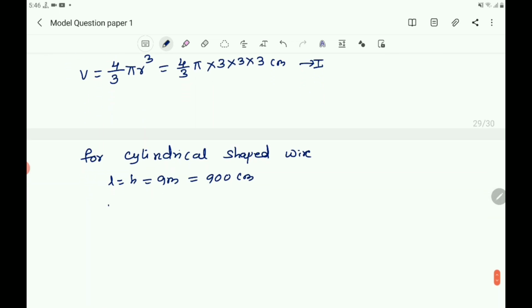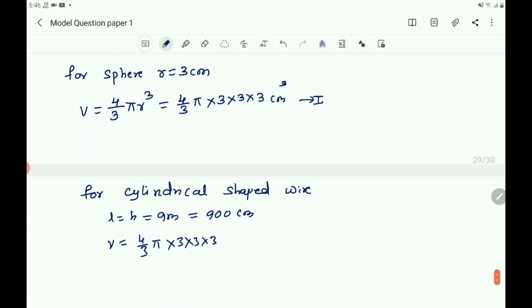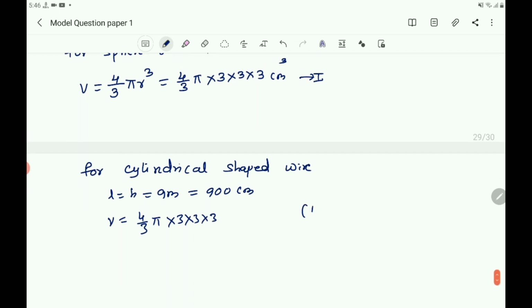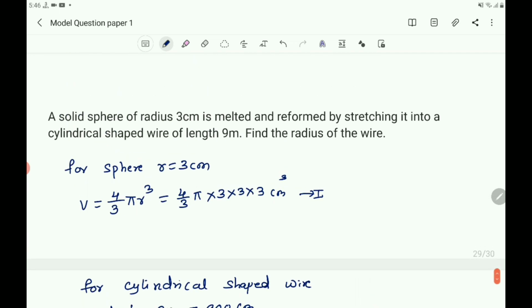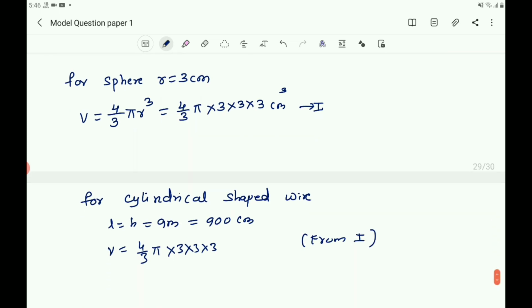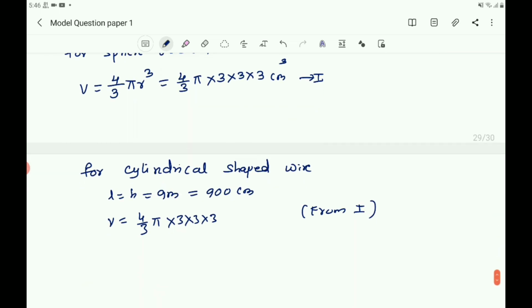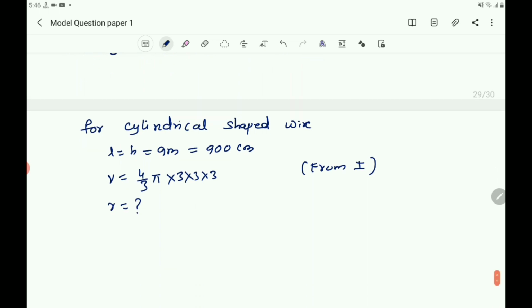Then what is V? V is equals to 4 by 3 pi into 3 into 3 into 3 cm cube. That is from first you got, because the sphere is melted to reform the cylindrical wire. So the volume will be the same as the volume of the sphere. Then what you have to find out? R we have to find out.